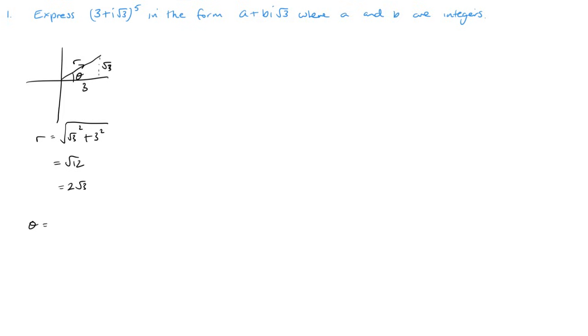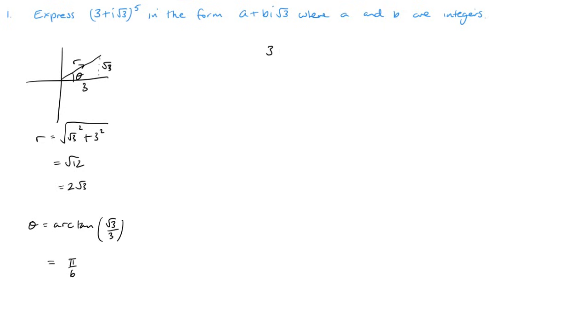And then theta is arctan, or the inverse of tan, and it's opposite over adjacent. And this is pi by 6.